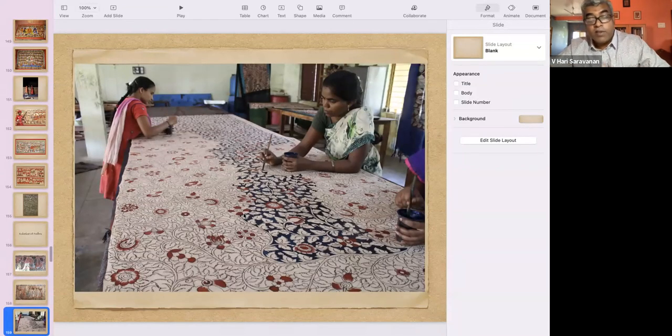And there's a very laborious process where the cloth is first washed, dried, then soaked in buffalo milk mixed with Indian gooseberry powder, and dried again. After that, the initial outline is drawn using charcoal.